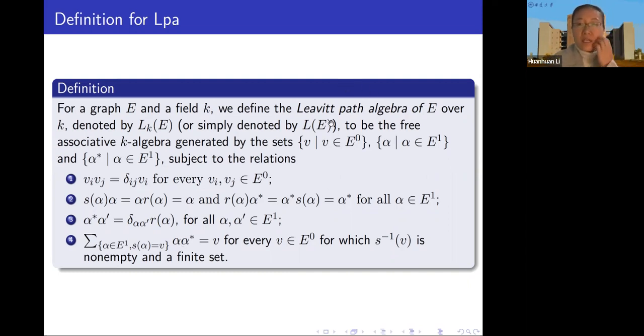So here this Leavitt path algebra we denote by L_K(E), so sometimes we just simply denote it by L(E).